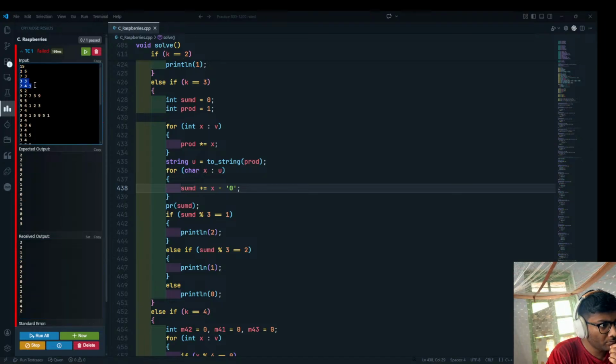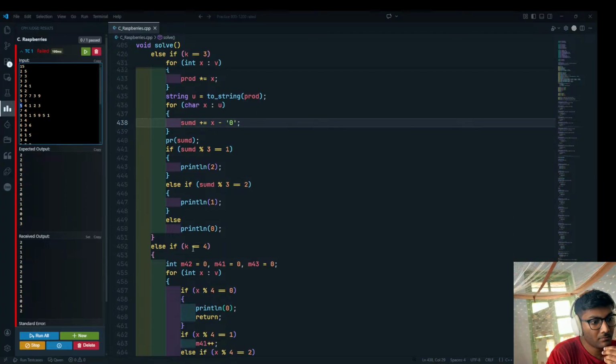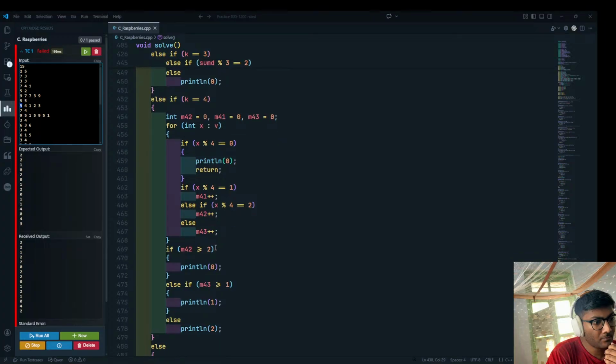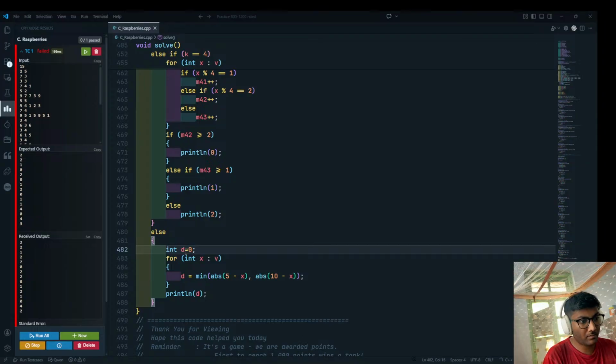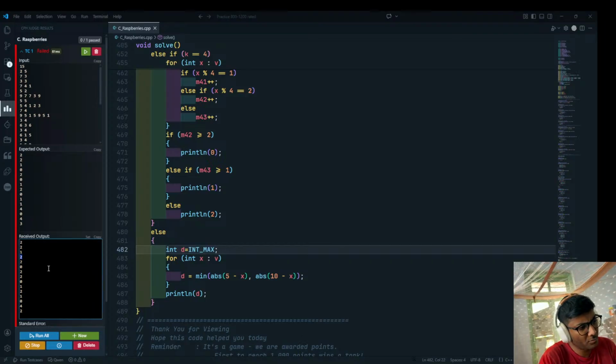So 2, 2, 1. So 5, 5 we have. Okay, we have a 5. So it will be in this case. Okay, int equal to 0, I guess. Okay, int max size. 2, 2, 1, and then 2. Why?